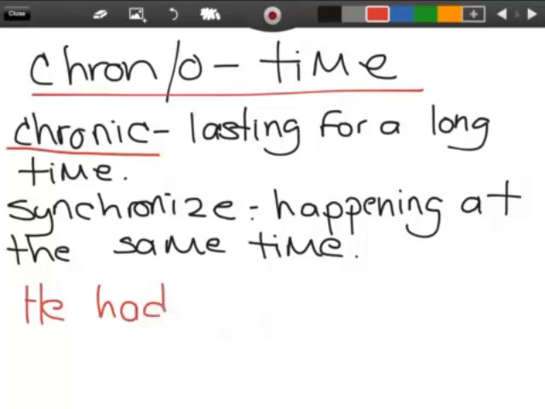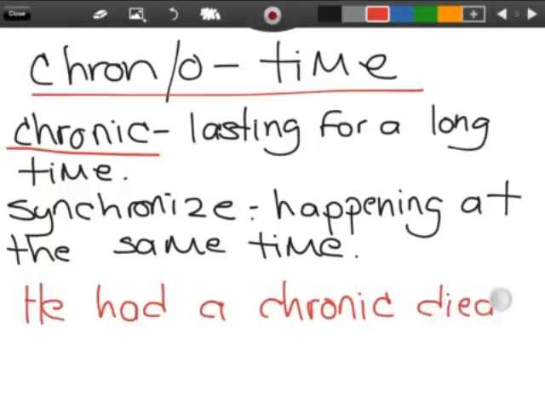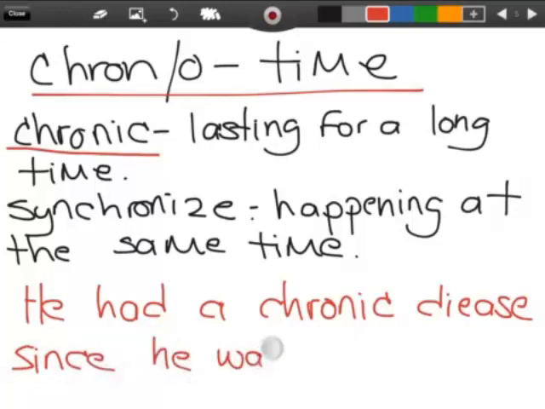He had a chronic disease since he was a child. I'm going to go ahead and read that to you one more time. He had a chronic disease since he was a child.